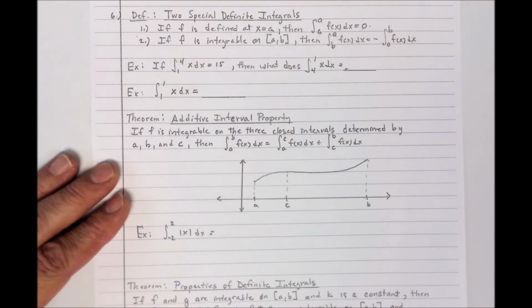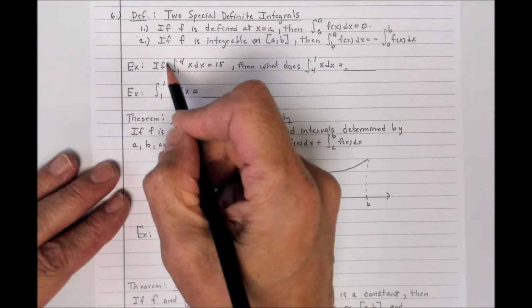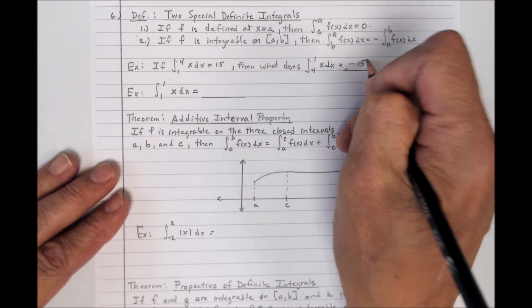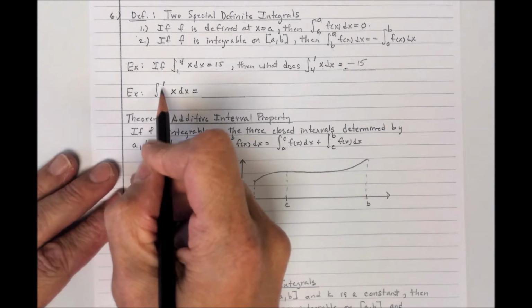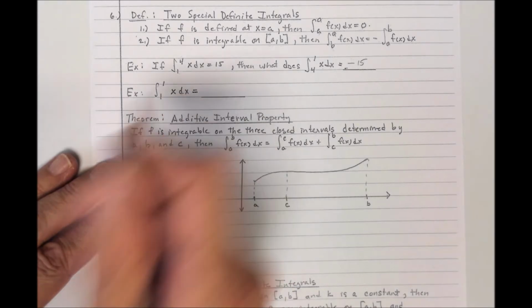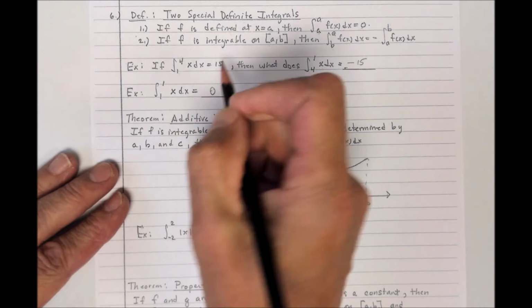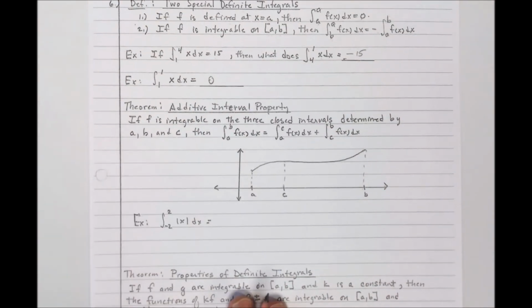Well, that's just interchanging the limits of integration. This is going to be -15. And here, the integral from 1 to 1 of any function that we're trying to integrate is equal to 0 based on these two special definite integrals.